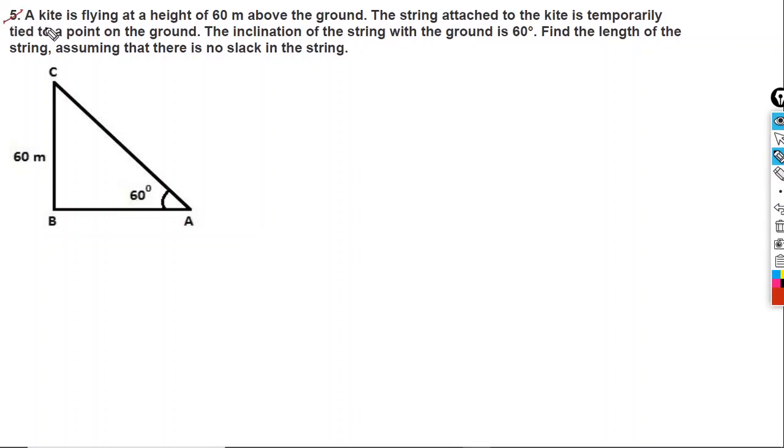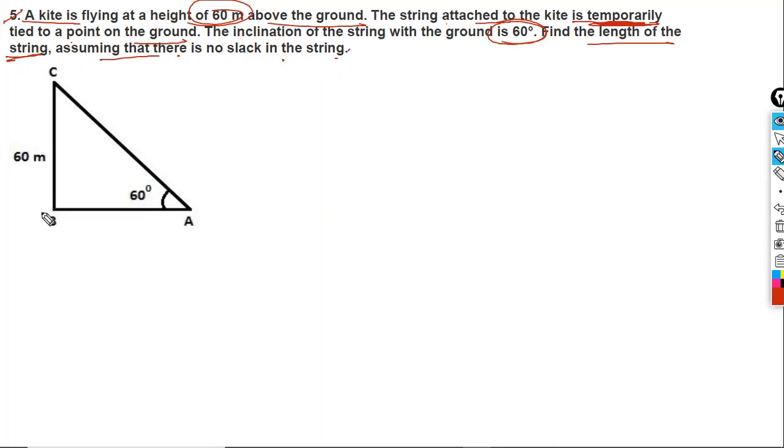A kite is flying at a height of 60 meter above the ground. The string attached to the kite is temporarily tied to a point on the ground. The inclination of the string with the ground is 60 degree. Find the length of the string, assuming that there is no slack in the string.